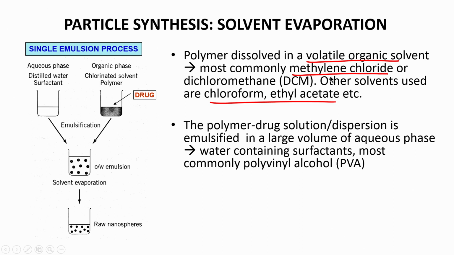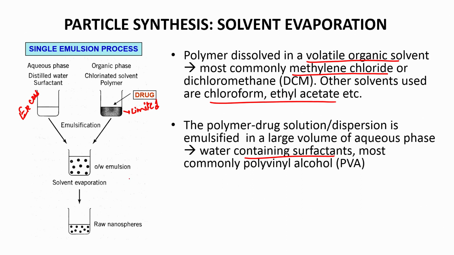The polymer drug solution dispersion is emulsified again in a large volume. As I said, this is going to be in excess, whereas this is going to be limited. And then typically some sort of surfactant is also added.